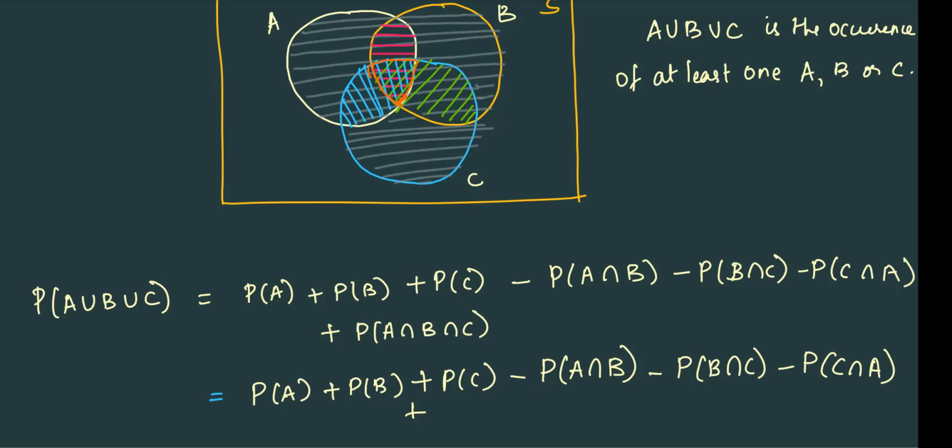But we want to include that region. So one more is added, P of A intersection B intersection C. Okay. So that's how we get this.